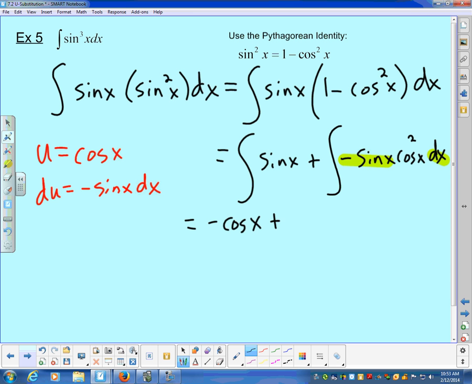We don't usually write it that way, but cosine squared of x is u squared, and then negative sine x dx we would write as du.